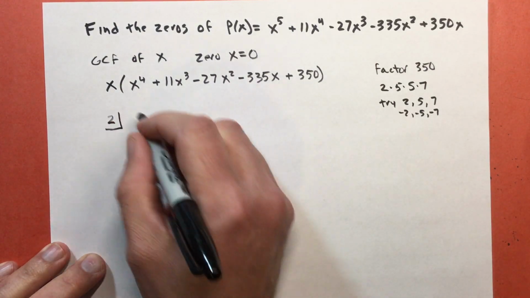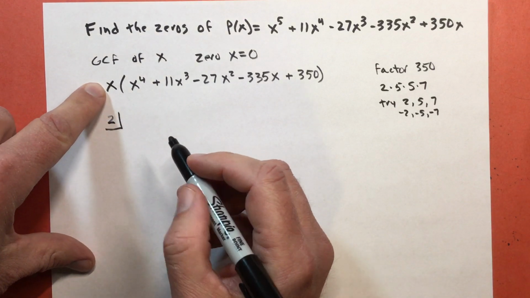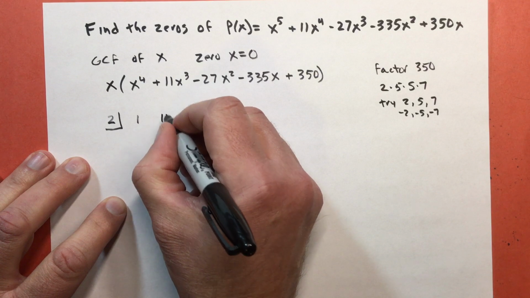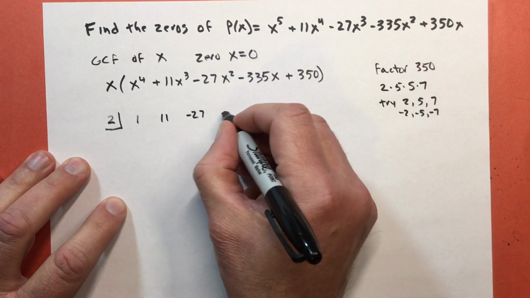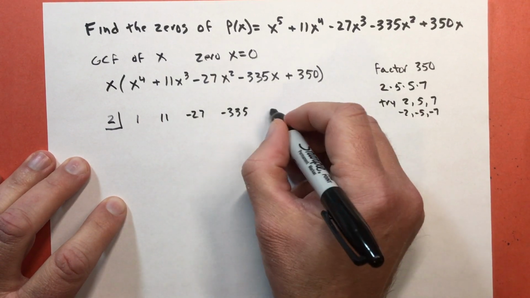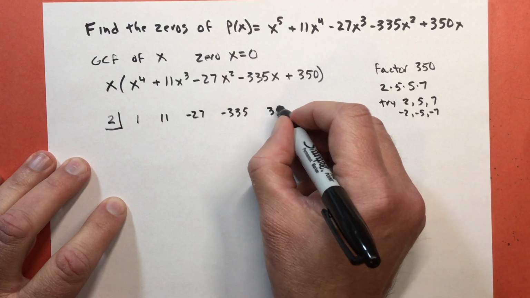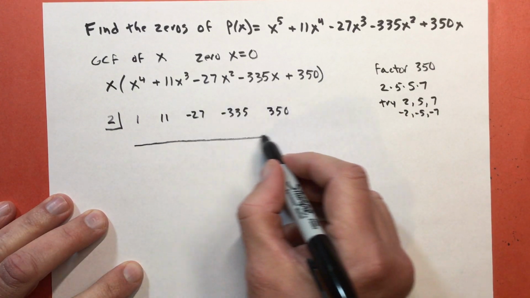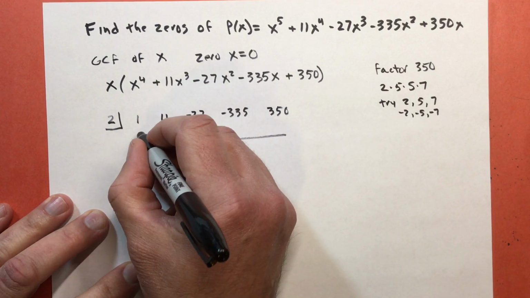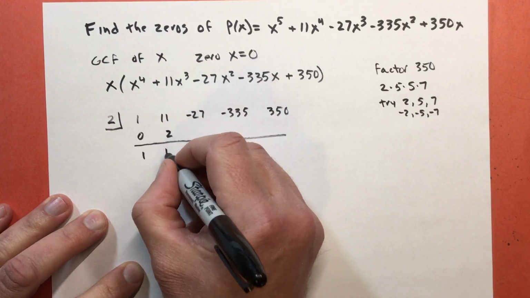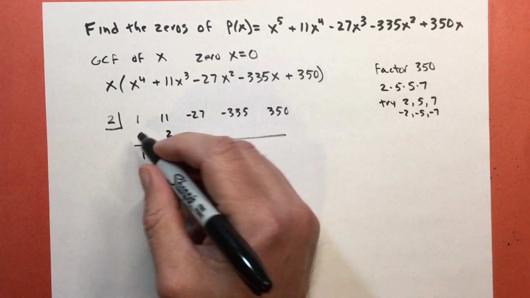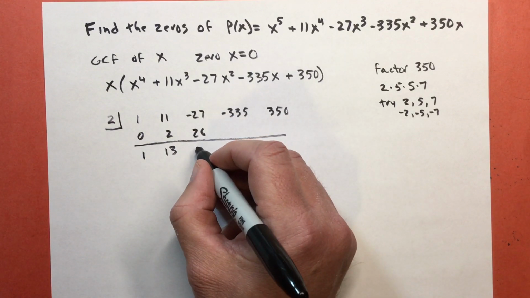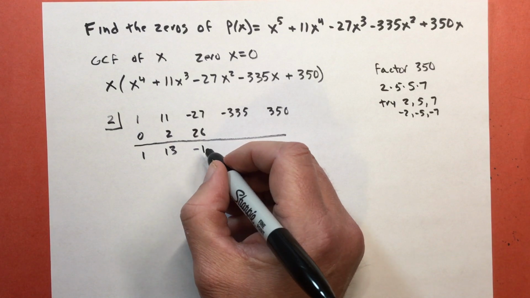So I get this. And remember, I already got x equals 0 here. Now I'm going to use this one. So I got 1, 11, negative 27, negative 335, and positive 350. Synthetic division. Looks nasty, but it's not. I get 1, 2, 13. 2 times 13 is 26. 26 plus negative 27 is negative 1.